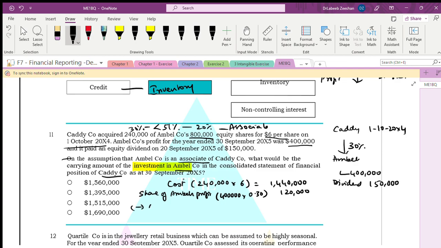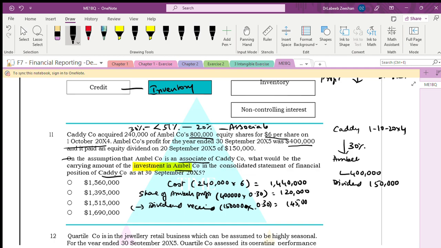Dividends received, less. Yeah, less dividend. How much is the dividends? 150,000 into 0.3. It comes to 45,000.